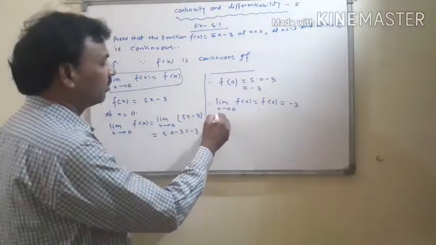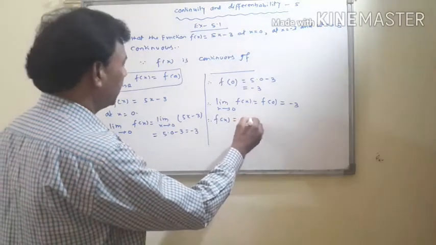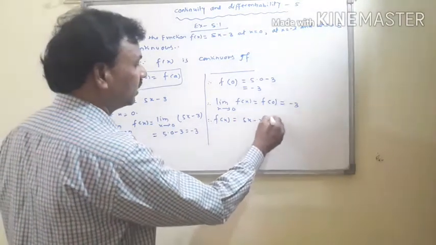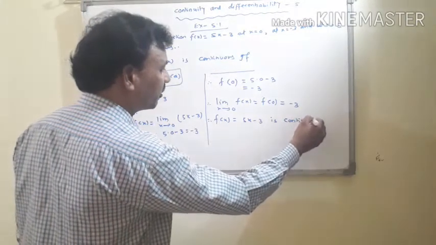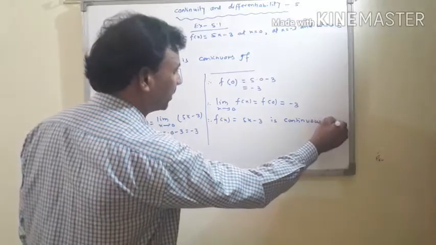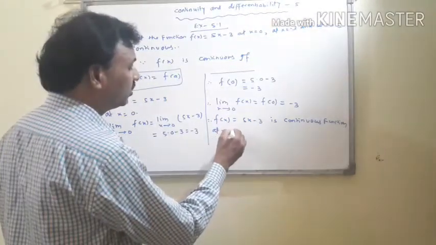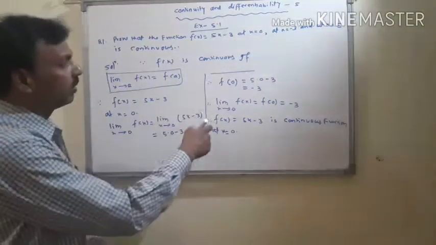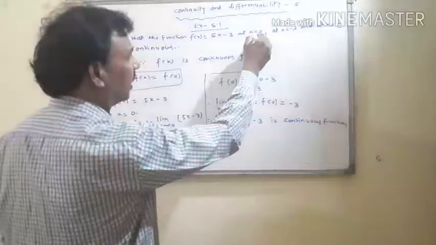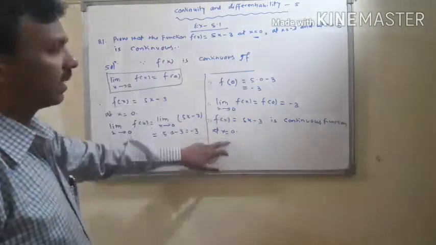Therefore the function f of x equal to 5x minus 3 is a continuous function at x equal to 0. We have solved the first part of this question.